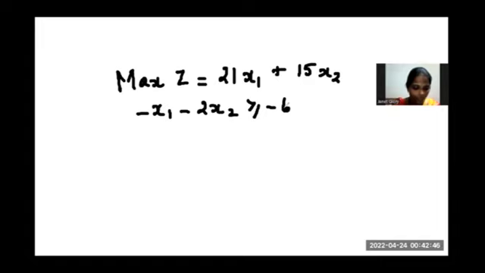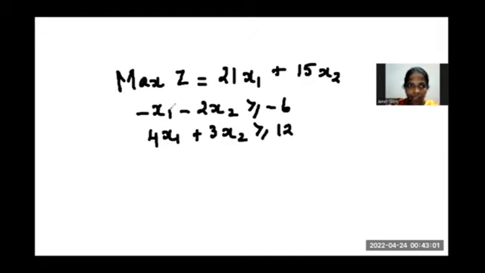The next constraint equation is 4x1 plus 3x2 greater than or equal to 12.